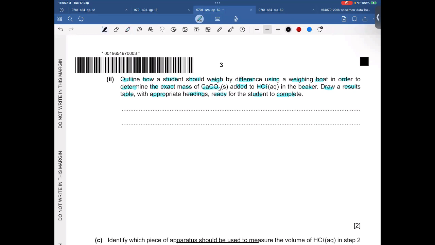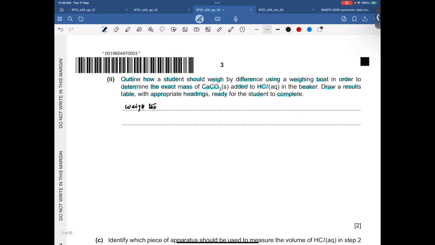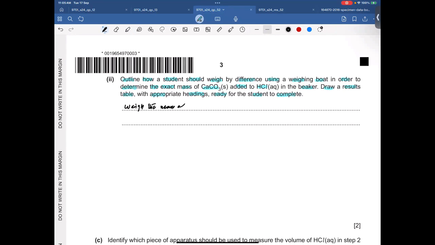First of all, weigh the mass of weighing boat and calcium carbonate.